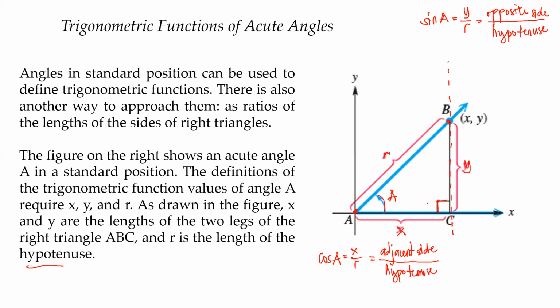And it follows that tangent is y over x, so meaning opposite side divided by the adjacent side, and then its inverses, cosecant, secant, and cotangent.